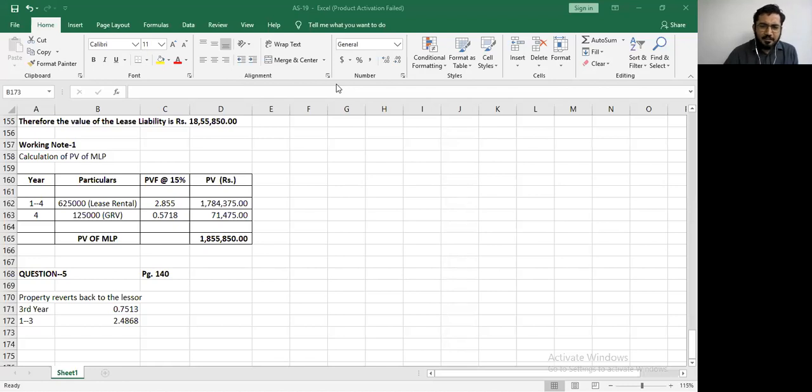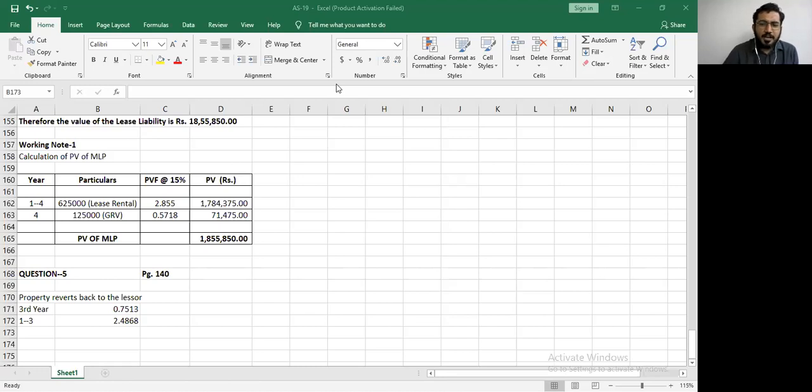Where in Accounting Standard 19 is it written that you must take the lower of lease tenure or expected useful life? Which provision tells you to take the lower of the two?